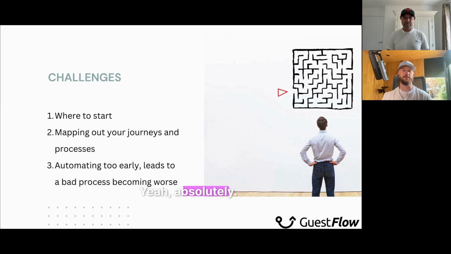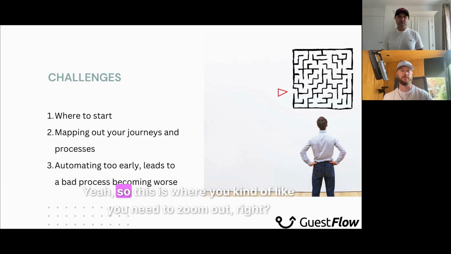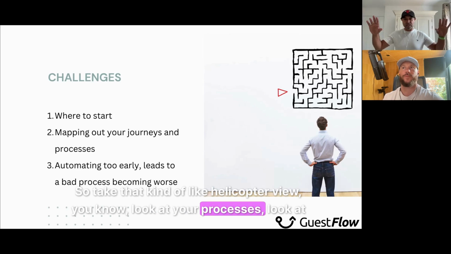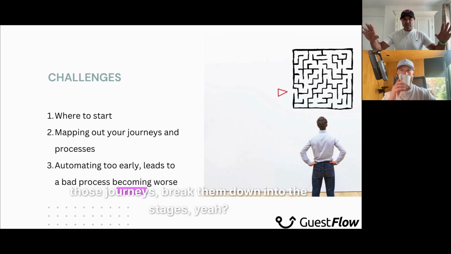Yeah, absolutely. And so mapping out, how would you go about that? Yeah, so this is where you need to zoom out, right? So take that helicopter view, look at your processes, look at those journeys, break them down into the stages.